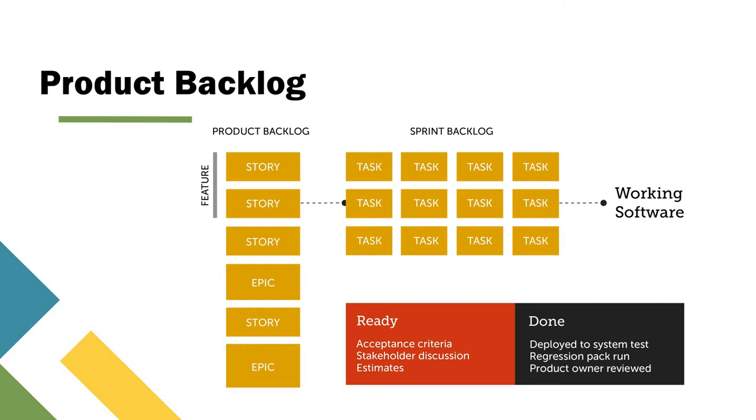So let's look into the product backlog. The product backlog is an ordered list of features that are needed as part of the end product. It is the single source of requirements for any changes to be made to the product.